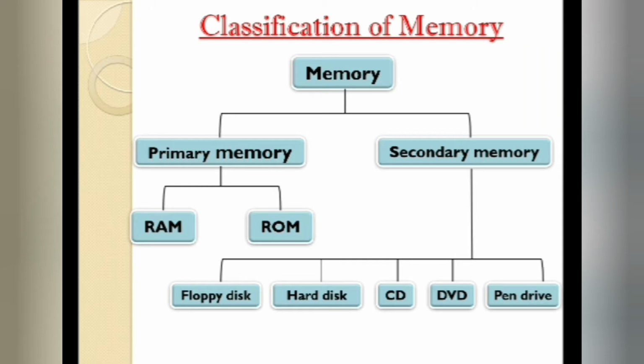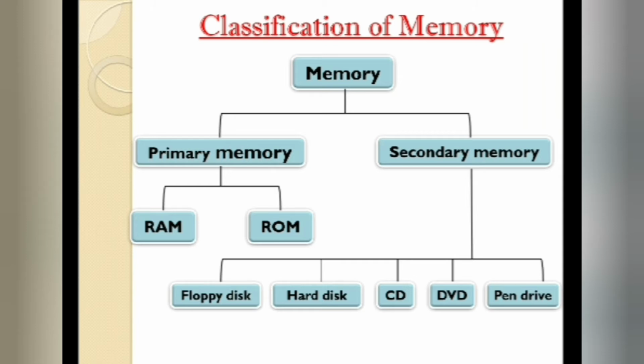The secondary memory is also called external memory and also called auxiliary memory.